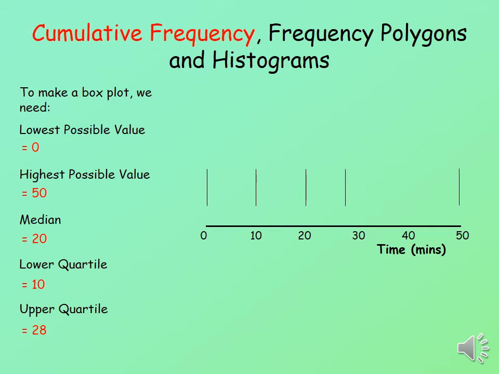Okay, so we join this bit here, because that is showing the lower quartile and the upper quartile, and we merely put a line there. All right, so each of these is 25%. Okay, and that is what a box diagram plot looks like. Like I said, they're less and less popular, but you never know.